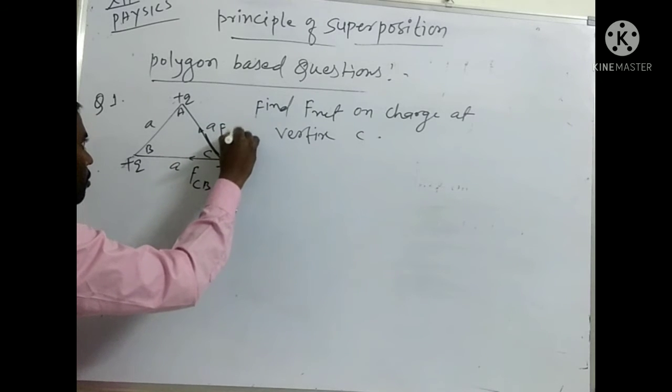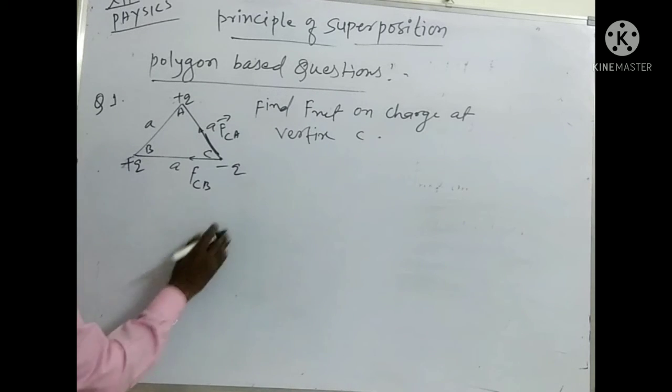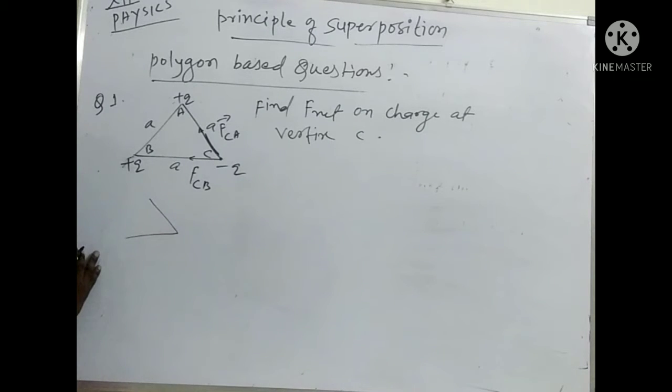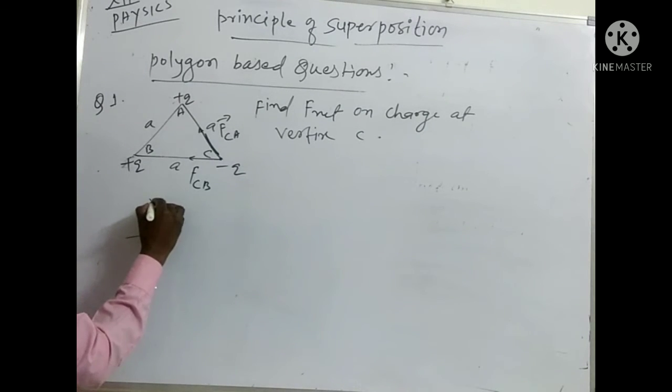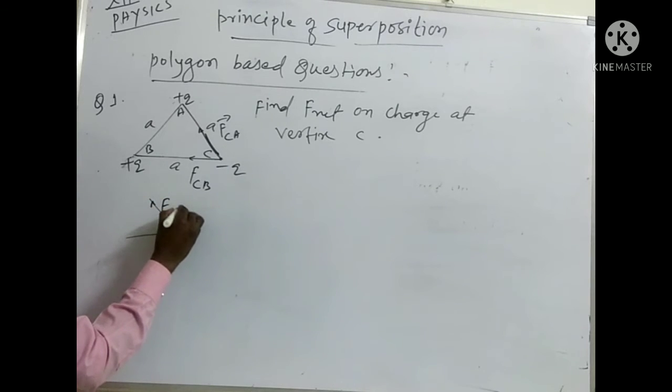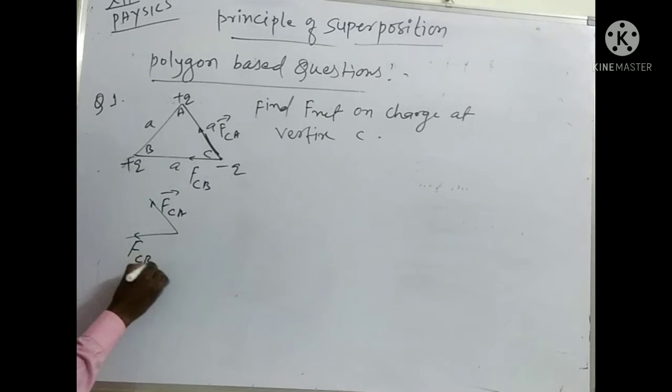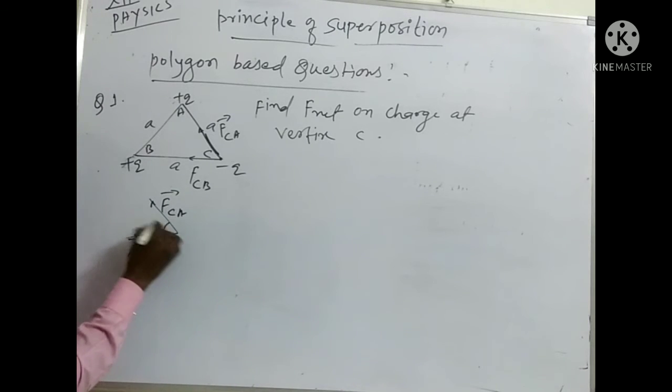That means our figure is making like this. This direction is FCA and this direction is FCB, making 60 degrees, like this.